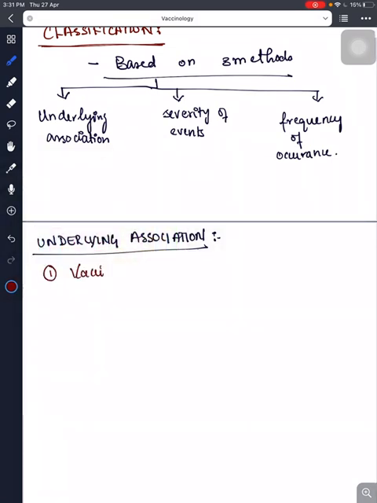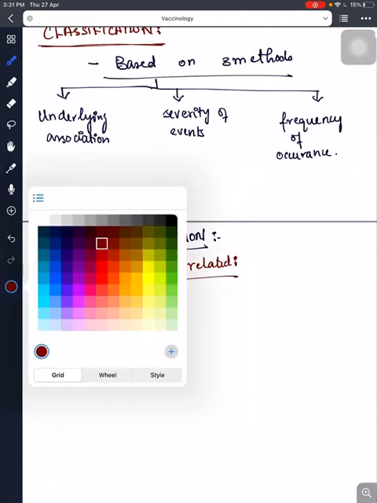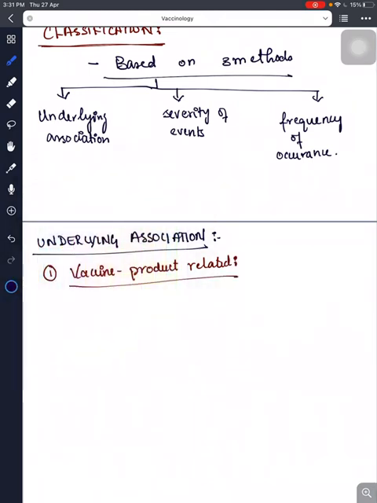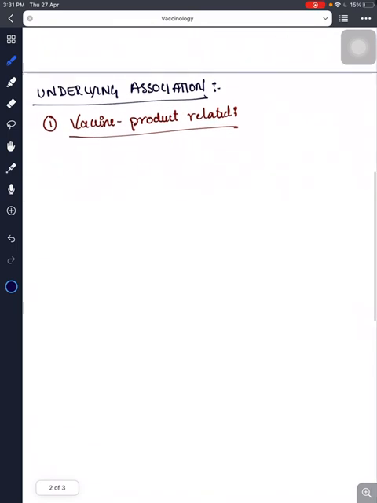Based on the underlying association, AEFI is classified into 5 types. The first type is vaccine product related.